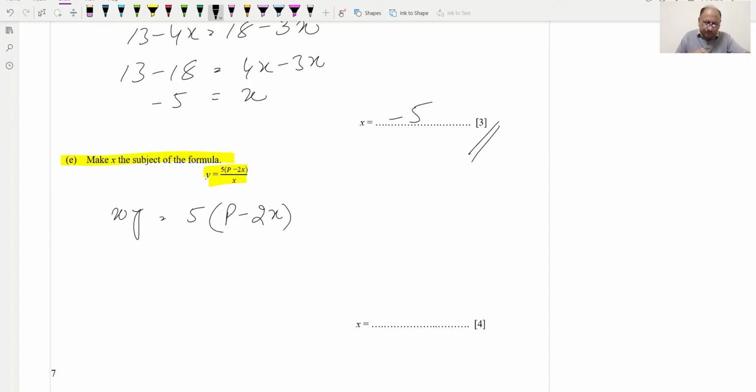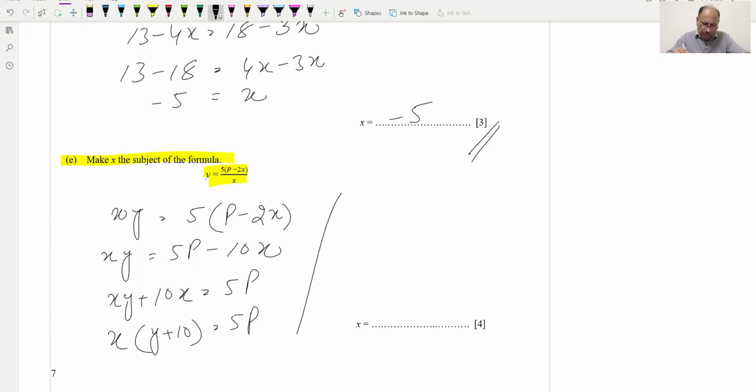Now we can open the bracket and write xy is equal to 5p minus 10x. 10x we can shift to the other side, and we will get xy plus 10x is equal to 5p. x we can take common, and inside will be y plus 10, is equal to 5p, and we can shift x's y plus 10 to the side, so x will be equal to 5p over y plus 10, and this is our final answer which we can provide in this 4-mark question.